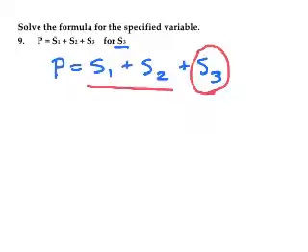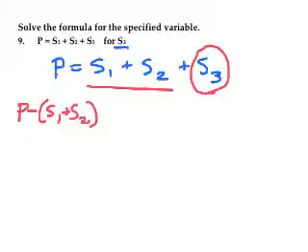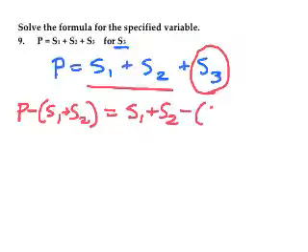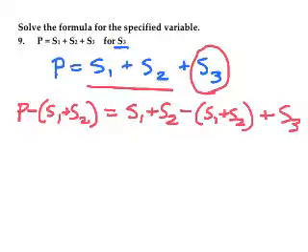Okay, so I'll go P minus the quantity S1 plus S2, and that equals S1 plus S2 minus the quantity S1 plus S2. And then, of course, we have our S3 on the end, still there. I'm subtracting the same thing, or adding the opposite. Either way, it gets to be 0.